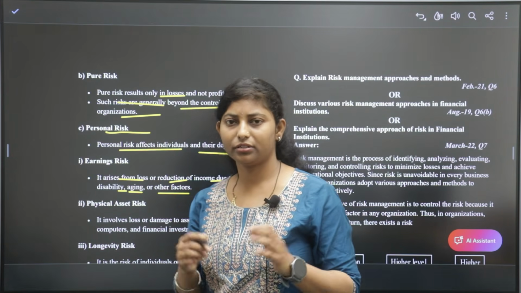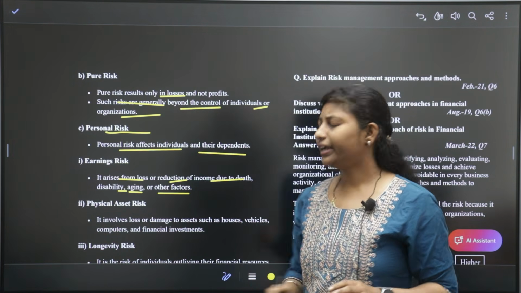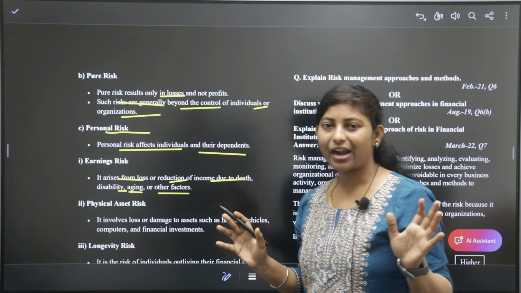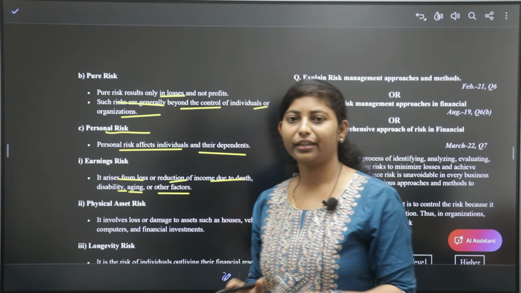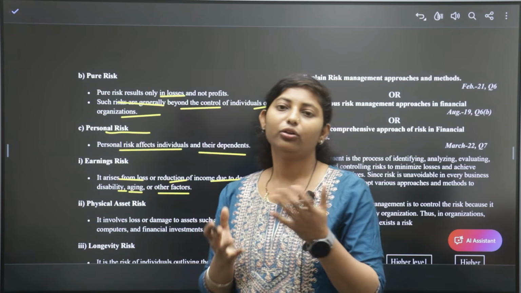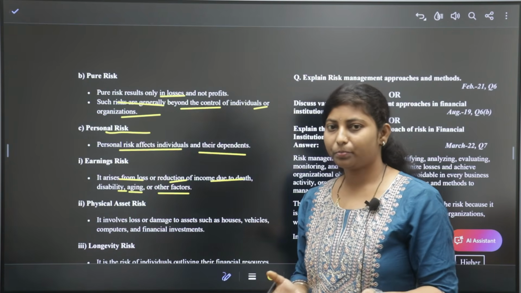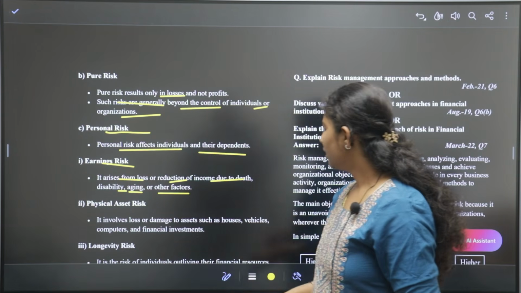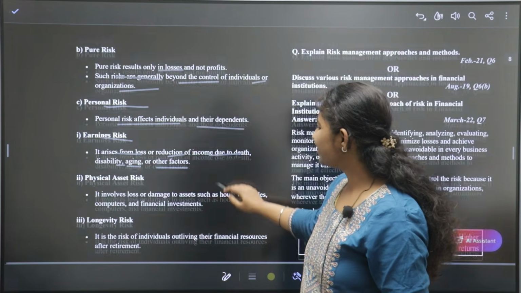If that person suddenly dies or becomes disabled or some other factors happen and the person is not available, then those who are overall dependent on such a person will have this earning risk.